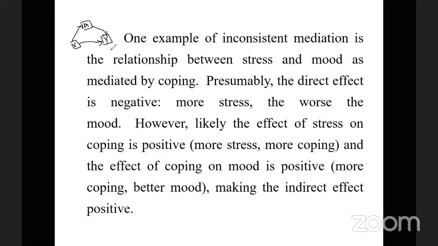Mood is the dependent variable and stress is the independent variable. High stress, your mood would be negative, or low stress, good mood. The relationship between stress and mood is mediated by coping.